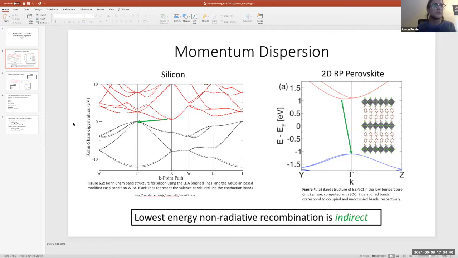The reason that's important is because it adds another energetic barrier for processes like radiative recombination. You need energies which correspond to the band gap, the vertical lines, but you also have to have enough momentum corresponding to the difference in the x-axis. So it makes the process much slower overall.